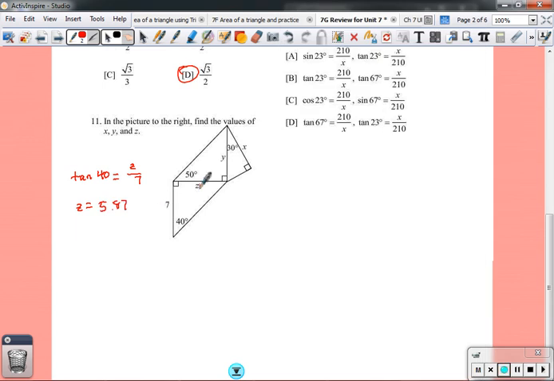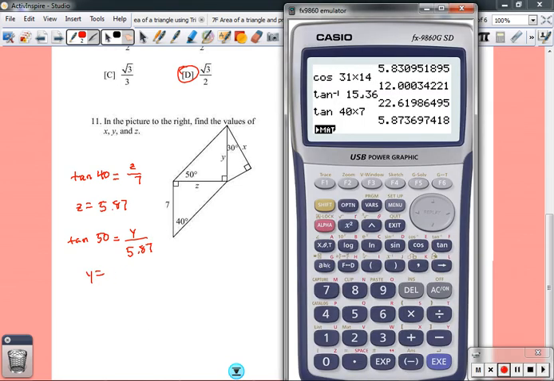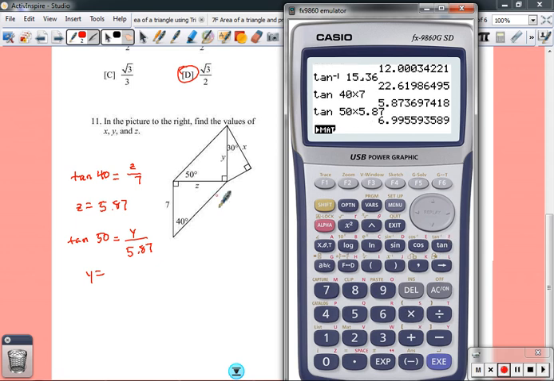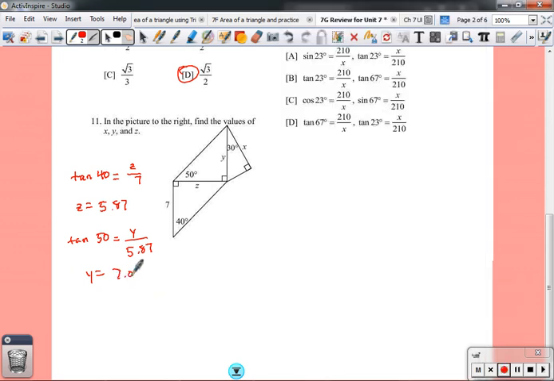Alright, now once I have this as 5.87, I can use tangent again, say the tangent of 50 equals y over z. Now I know z is that. So y is tangent of 50 times 5.87. 6.995 means that y is 7.00.